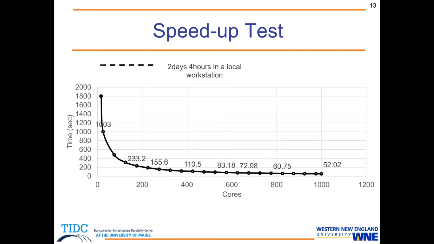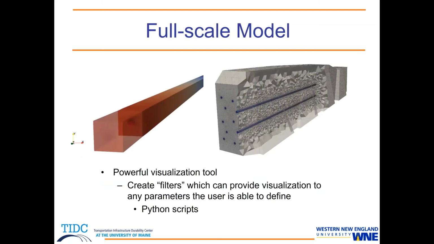But this in-house code Dr. Kwok developed is capable of taking different numbers of cores with a fixed number of partitions. Up to 1,000 we tested it. It runs smoothly and is reliable and accurate.